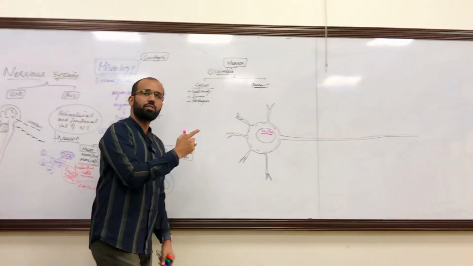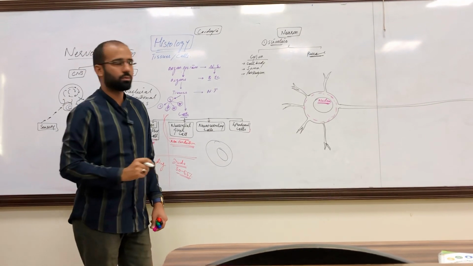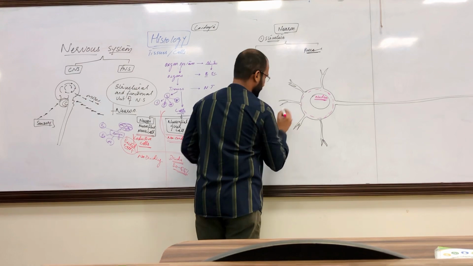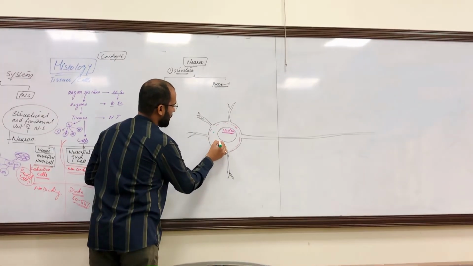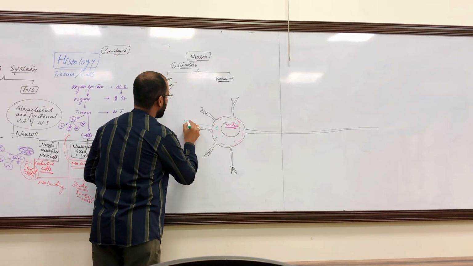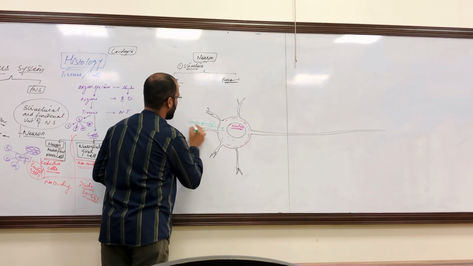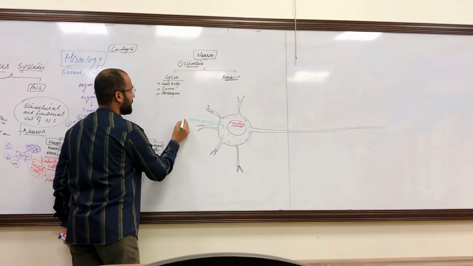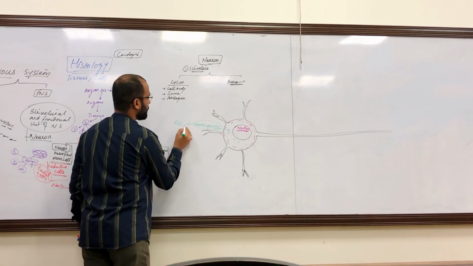A very special feature of the neuron is the Nissl's granules. Did you hear about the Nissl's granules? Actually, these are the rough endoplasmic reticulum with free ribosomes.